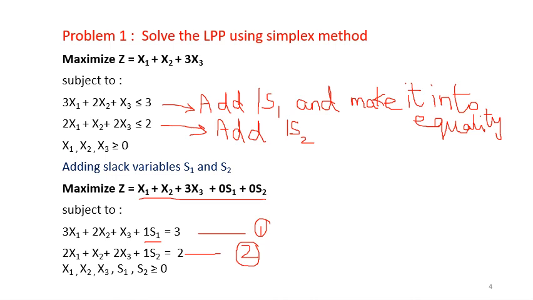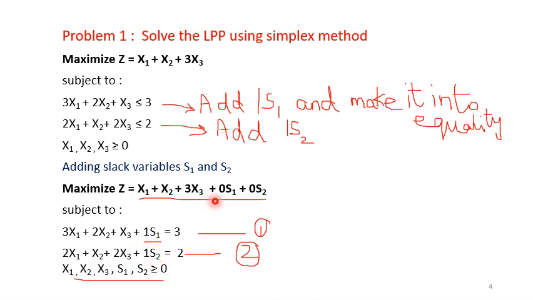And you also express this as non-negativity. So x1, x2, x3 and s1, s2 will be greater than or equal to 0. You can see here in the constraints the coefficients will be 1. S1 you have added to the first constraint with a coefficient of 1. S2 you have added to the second constraint with a coefficient of 1.